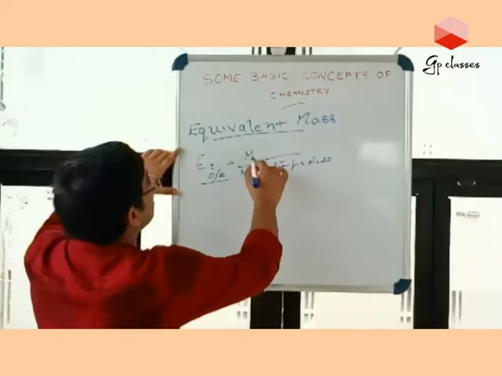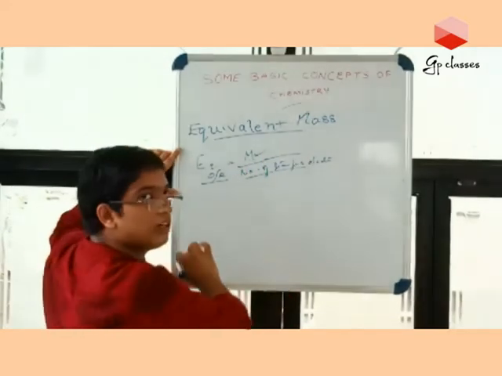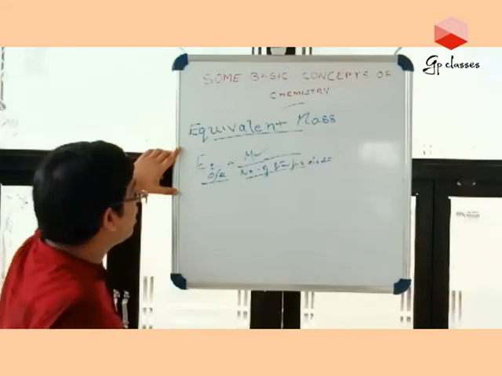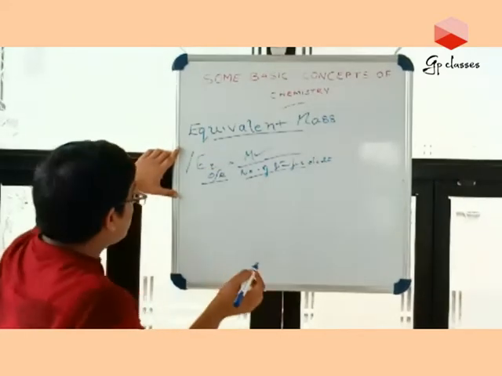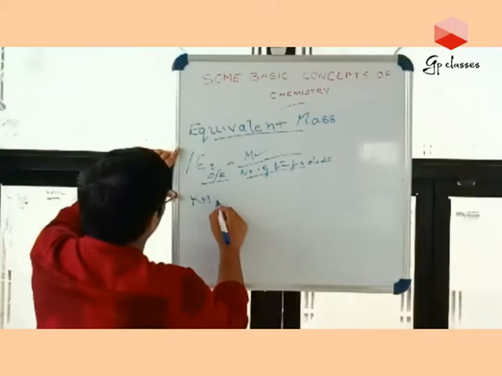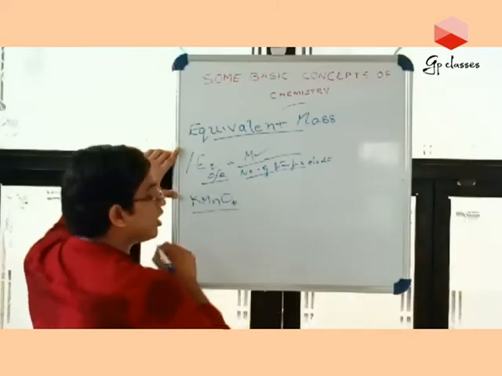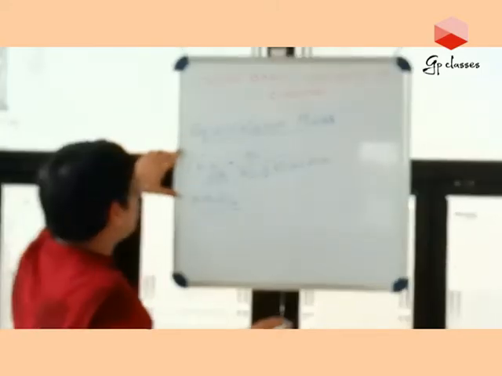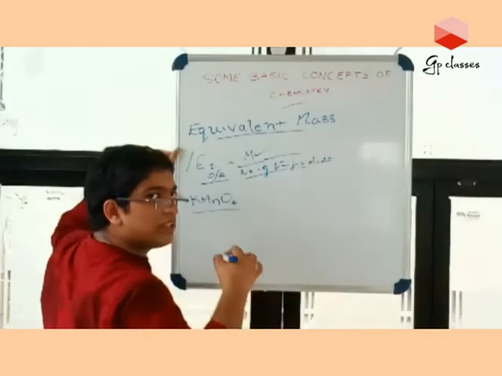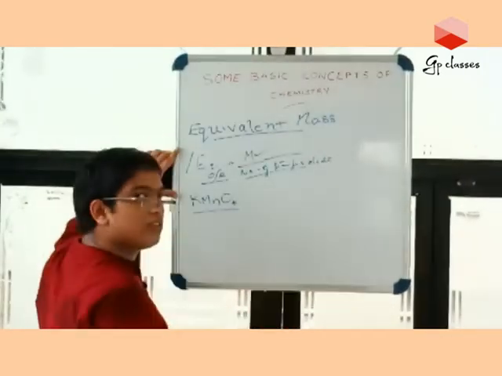It is given by the net mass, that is the molecular mass, divided by the number of transferred electrons, that is the number of gained electrons or the number of lost electrons. Let's give an example. Let's take the compound KMnO4, potassium permanganate. In acidic solution, it acts as an oxidizing agent.